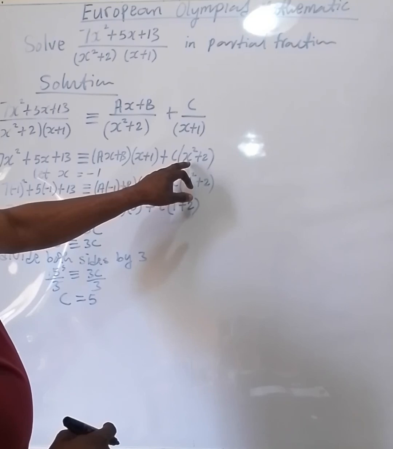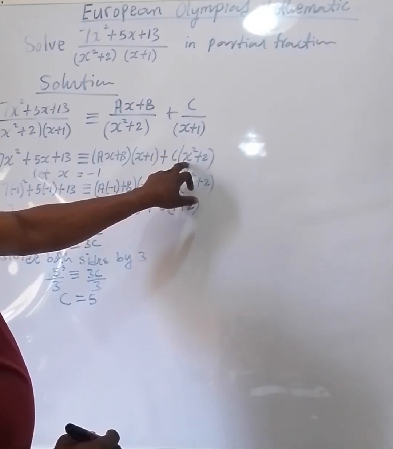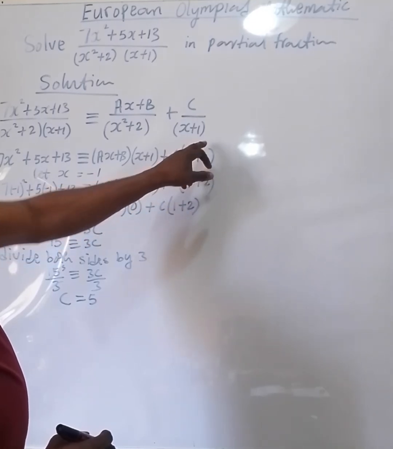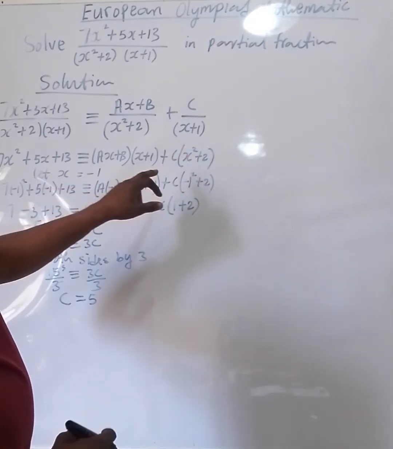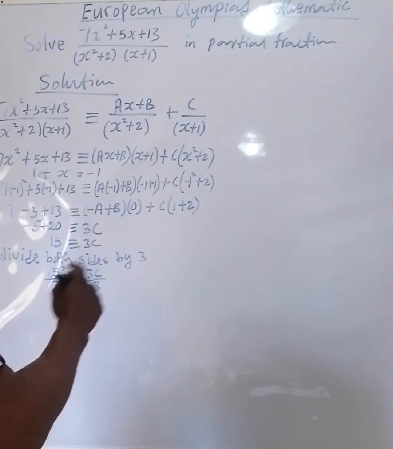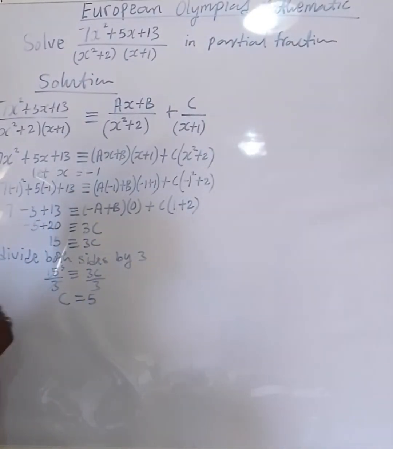So here, if we use minus 2, minus 2 will give us 4 here. But if you use 0, so now let's test for 0.